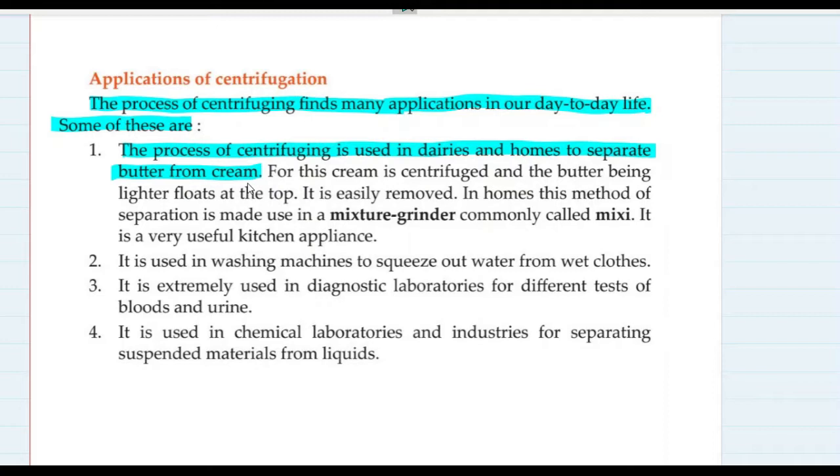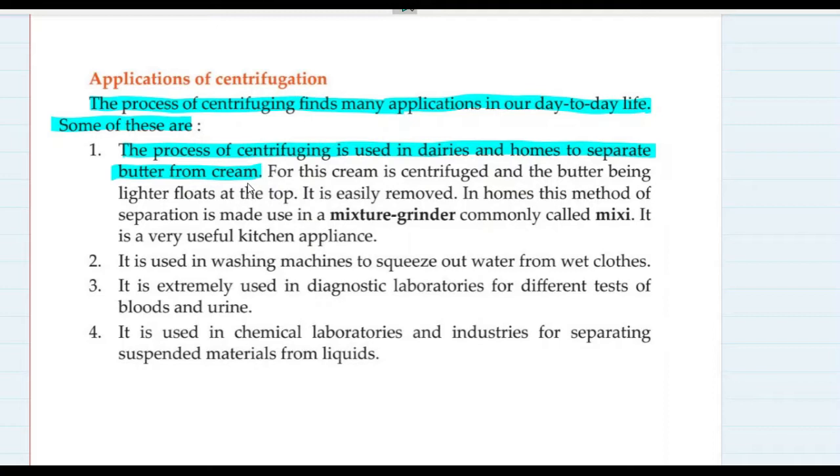If you have full fat milk, which gives a huge quantity of cream, this cream is collected over a period of time, maybe 15 days, 20 days, or a month. This collected cream, which has a high quantity of fat, is first stored in the refrigerator. Then the refrigerated cream is collected in a jar and the jar is churned.